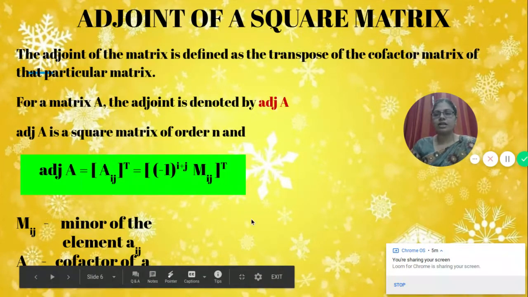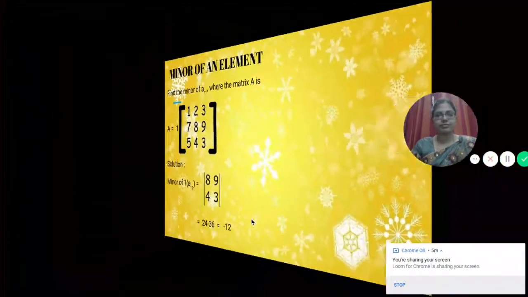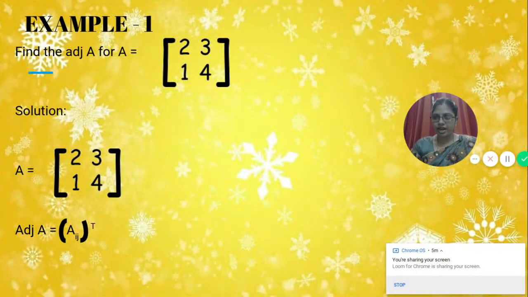Let us start with an easy example. Now I have taken a 2 cross 2 matrix. Now we'll see how to find the adjoint of A for a 2 cross 2 matrix. We have taken the matrix 2, 3, 1 and 4.